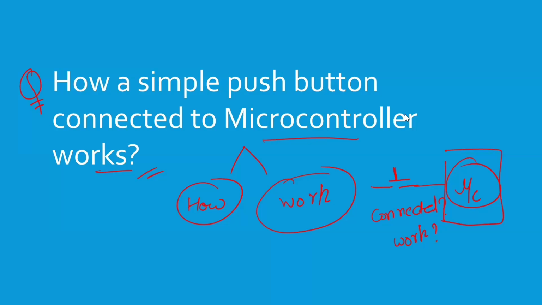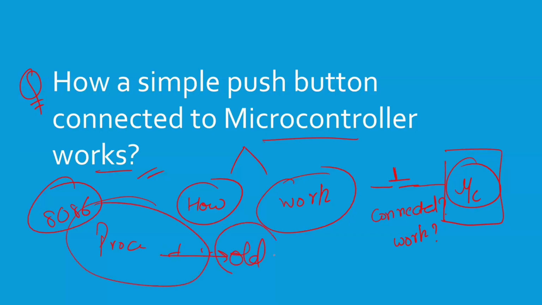No. Okay, perfect. So this is something you must be asked in an interview. They don't ask about 8086 theory. They won't ask you to say that a microprocessor is the device which does processing like addition, subtraction, multiplication. No, this is old school theory. They don't need that knowledge because they have the internet for that.